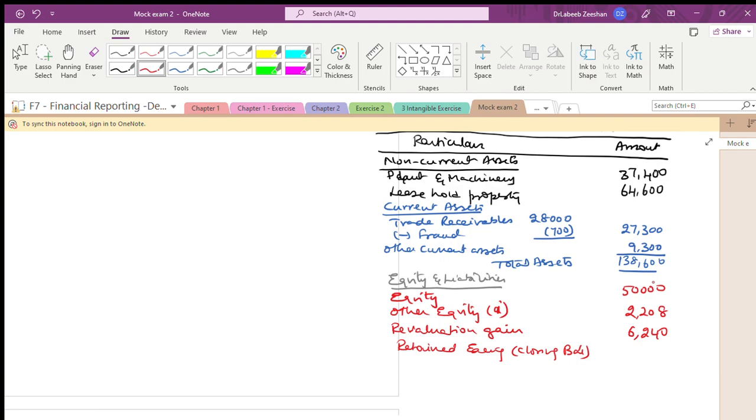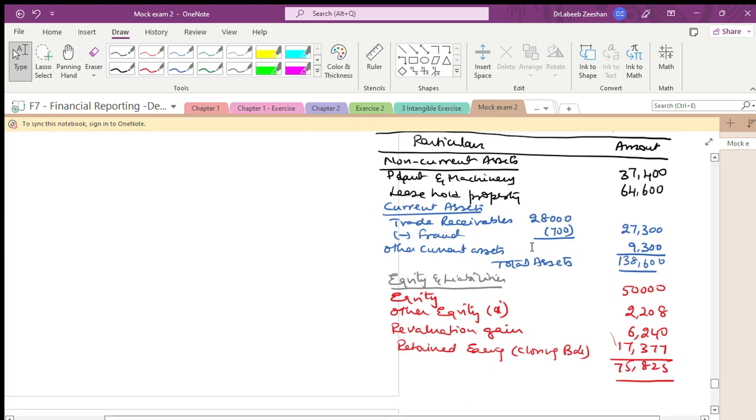How much is the retained earnings closing balance? Just now we have done 17,377. Total how much will you get? 75,825. This is A.